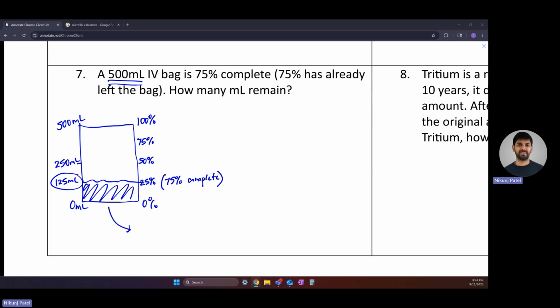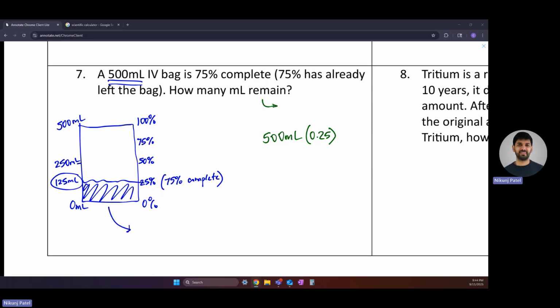Another way you could think about this, or you may have already thought about this, is we could just take the total 500 milliliters and multiply it by 0.25. The reason is because when it told us 75% was complete, it's asking us how many are remaining.